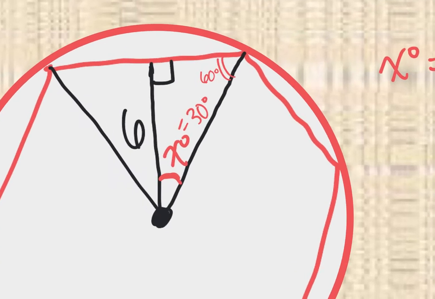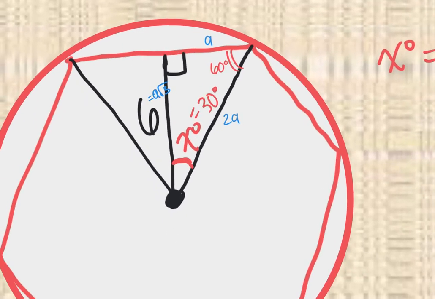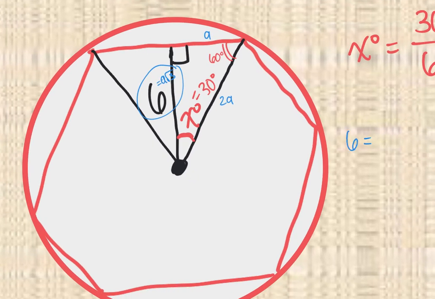So what we have to do is label this A. Label this A times the square root of 3. And label this 2A. In order to find A, we have to solve this one, okay? So we're going to set 6 equal to A times the square root of 3.